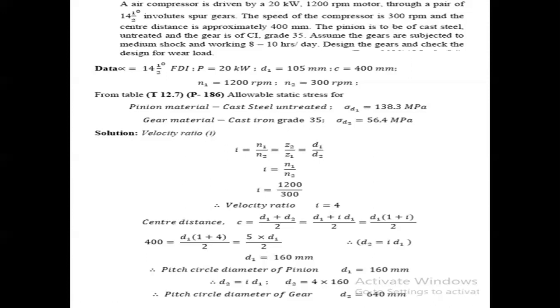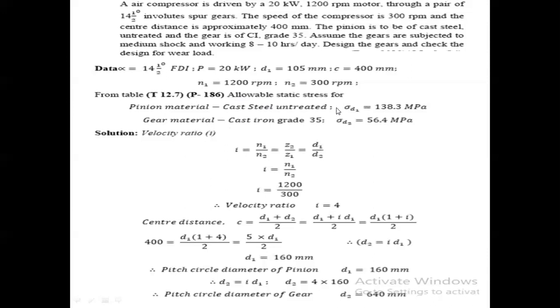Next, write down the data: alpha, which is the tooth formation, and power. Those are given, and based on the type of material, we can get the allowable stresses from table 12.7, page number 186.